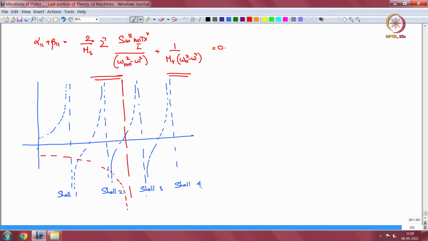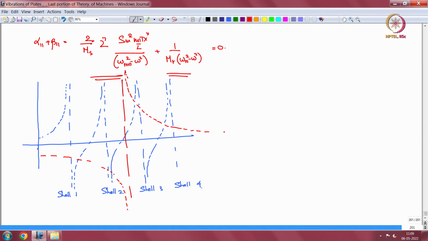Okay. Then it will flip sign and come down like this.